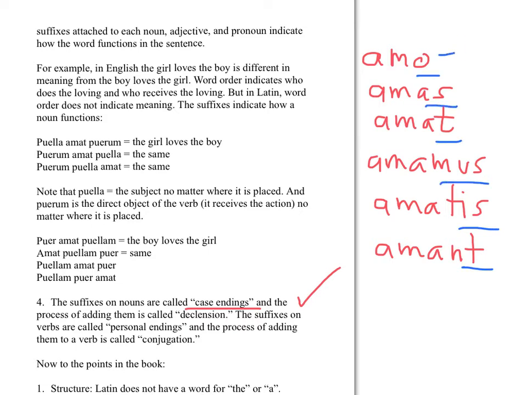The first one means I love. The second one means you love. The third one is he, she, or it loves. Then we love, you all love, and they love. That process is called conjugation. When you add different endings onto nouns, the process is called declension.